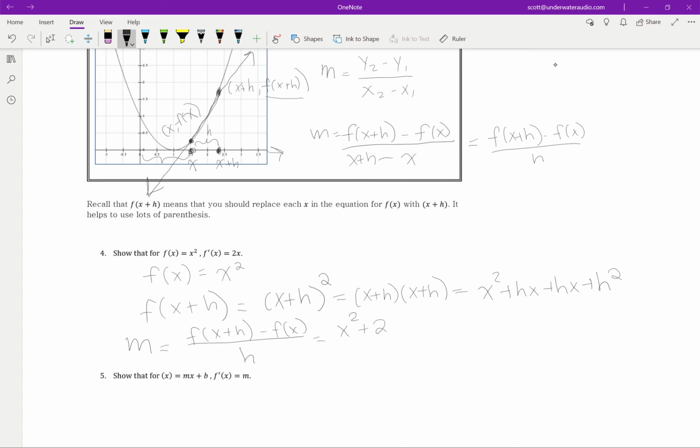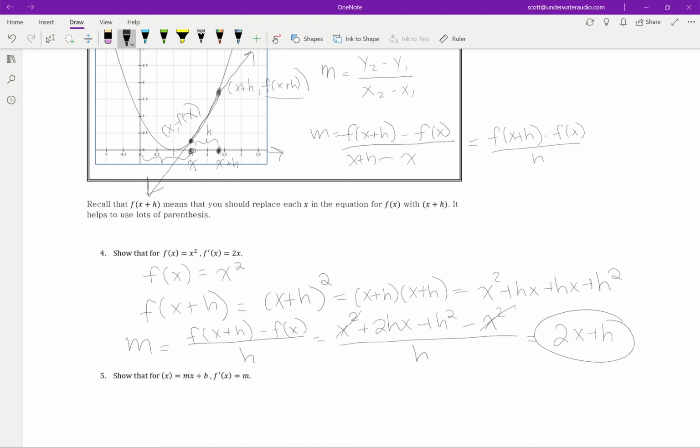So I'm going to simplify this to be an hx plus an hx, that's a 2hx, plus h squared, minus f of x, which we decided was x squared, all over h. Okay, so the x squareds are going to cancel, which is nice. And then I have a 2hx plus h squared over h. So there's an h in each one of these terms, so I can cancel and get 2x plus h.